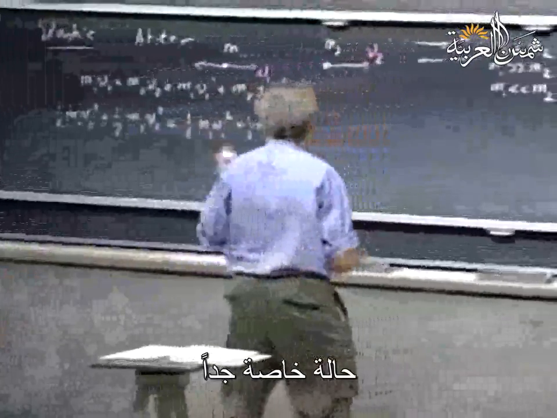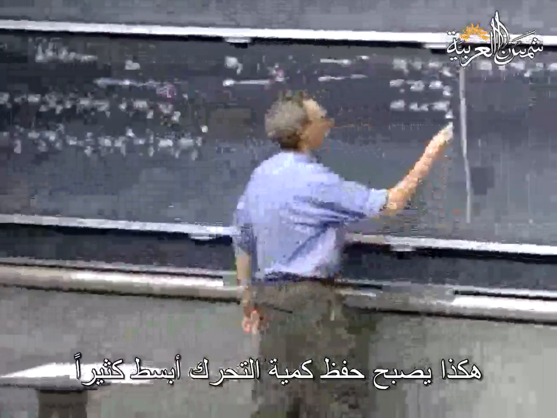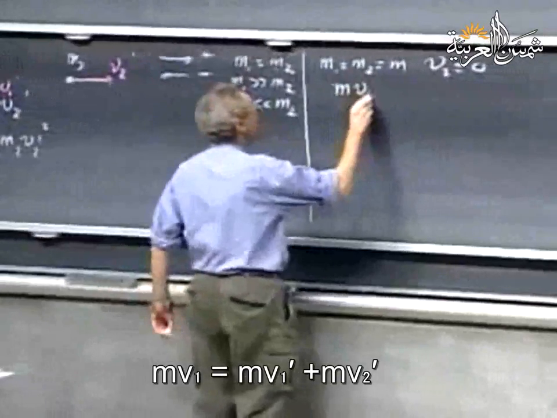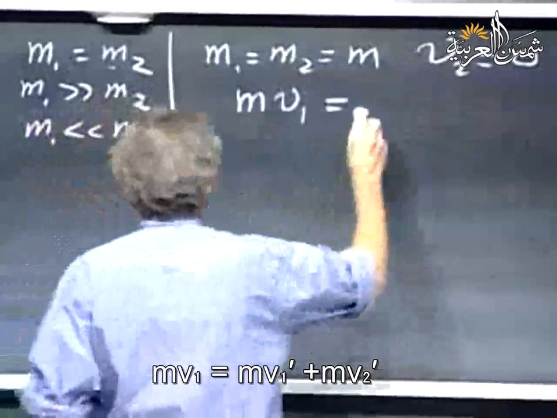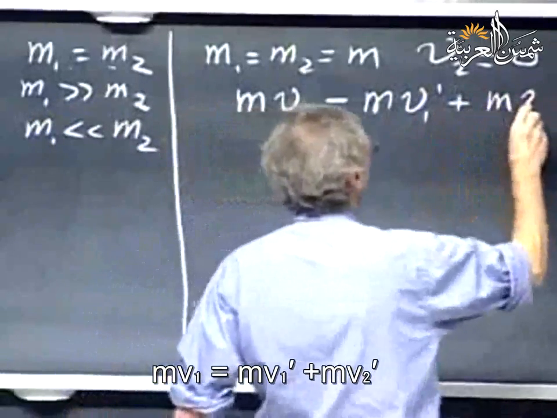Very special case. So the conservation of momentum now becomes much simpler. M times V1, there is no V2, equals M V1 prime plus M V2 prime.